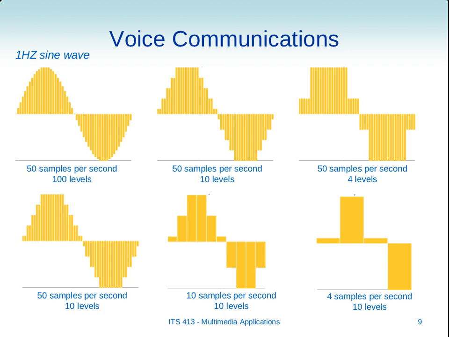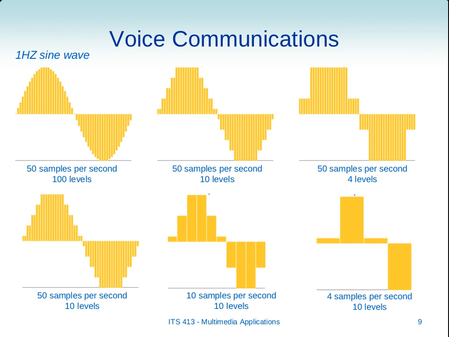Compare the bottom 3 now. Here we keep the number of levels the same, 10, 10, 10. But we change the sample rate. And this is, in fact, the same as the middle diagram, 50 samples per second. This is 10 samples per second, fewer samples over that period of 1 second. And here we just take 4 samples.